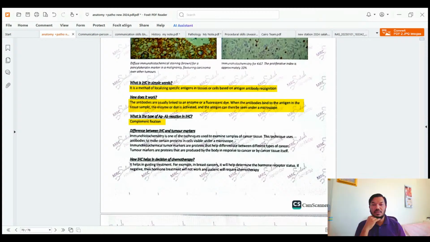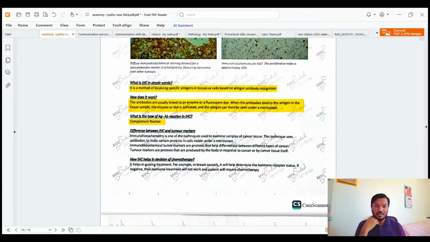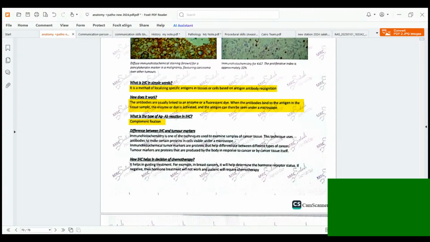This technique uses antibodies to make certain proteins in the cell visible under the microscope.